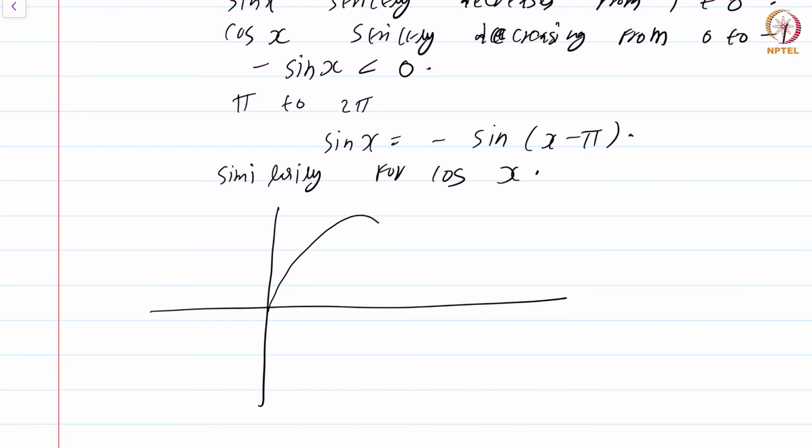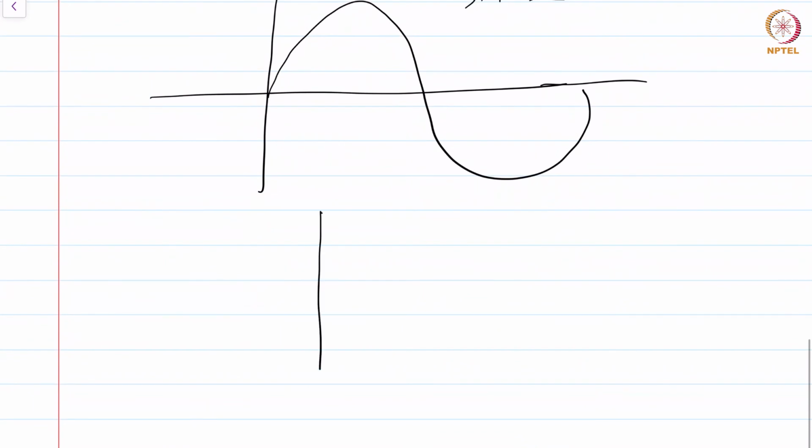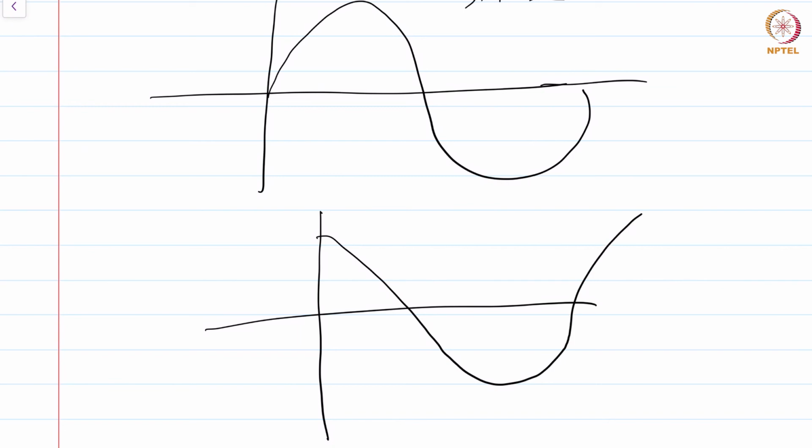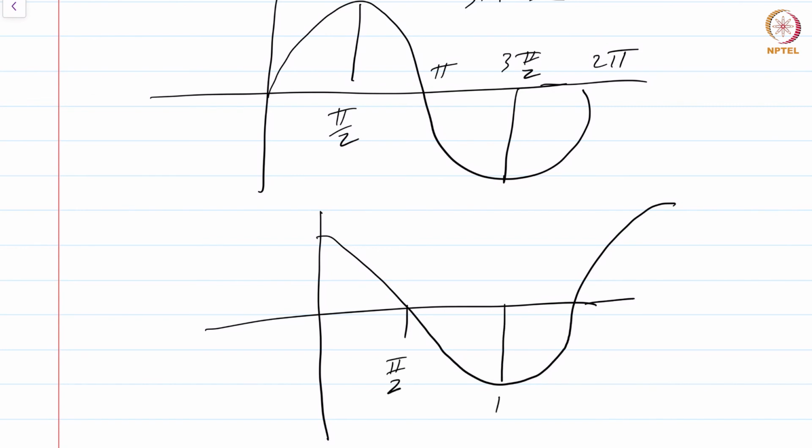This will be sin x and this will be cos x, roughly. So this will be pi by 2, pi, 3 pi by 2, 2 pi, and similarly pi by 2, pi, 3 pi by 2, and 2 pi.